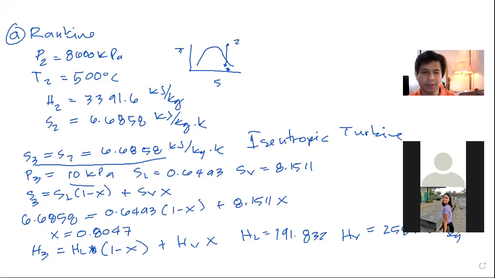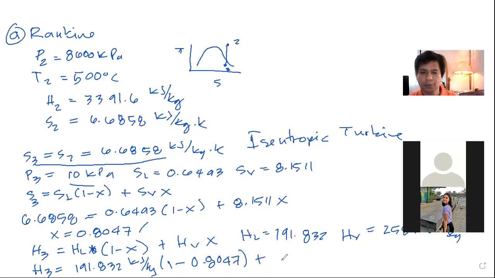So just substitute this H3, substitute HL and HB and also the X, and then you're going to find H3. So H3 is equals to HL, 191.832 kilojoules per kilogram times 1 minus our X, 1 minus 0.8047.